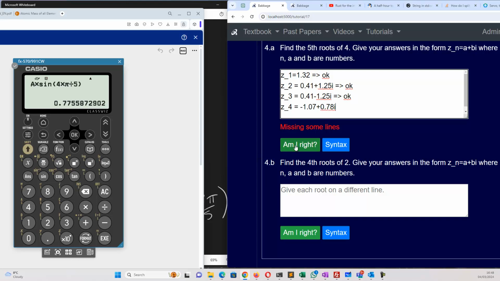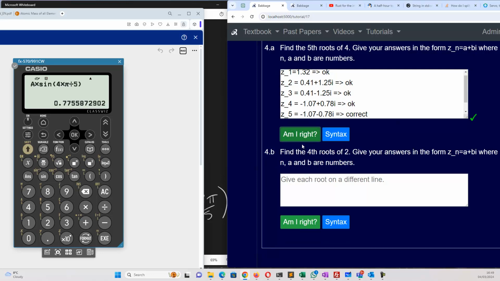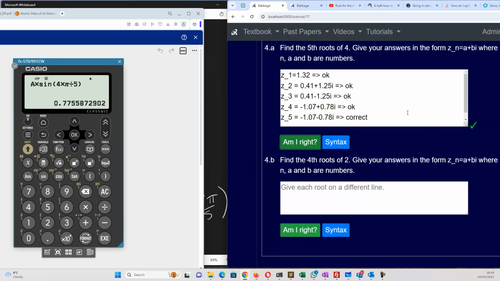And are we right? Yes, we are. So that means we now know the final root, so Z5 is equal to minus 1.07 minus 0.78i. And are we right? Yes, we are. And that is how you calculate the fifth roots of 4.